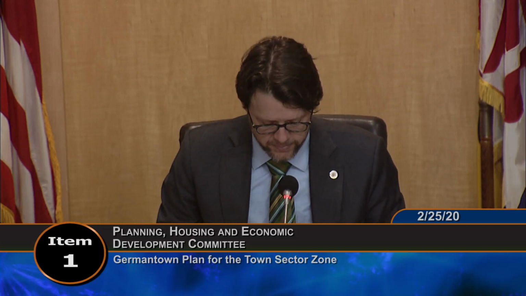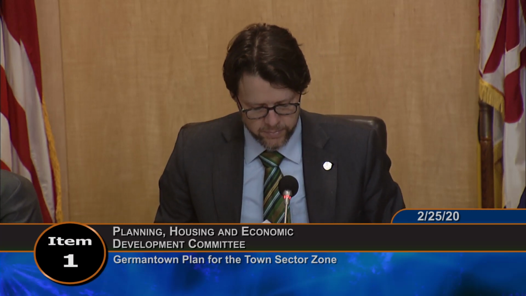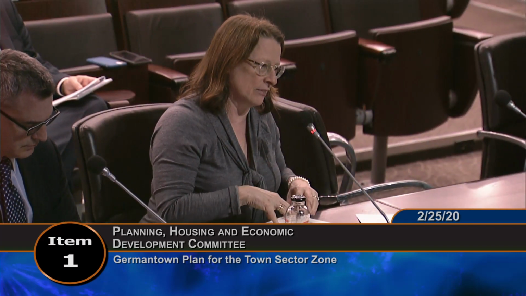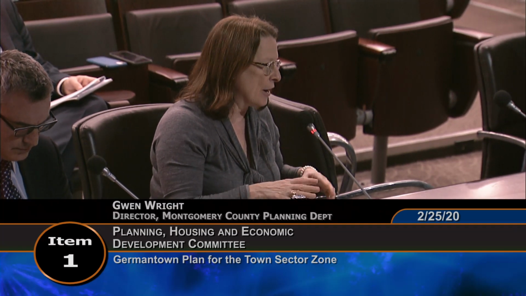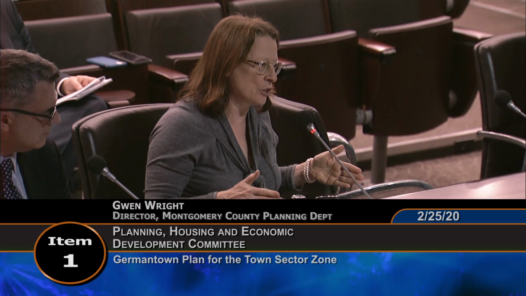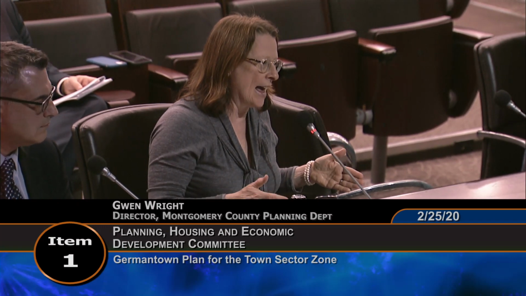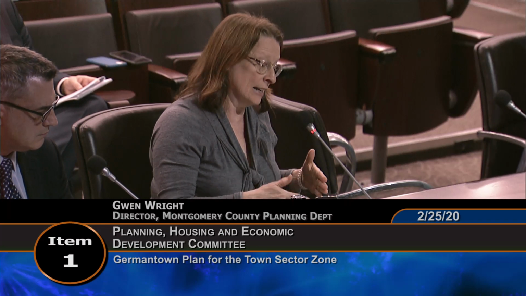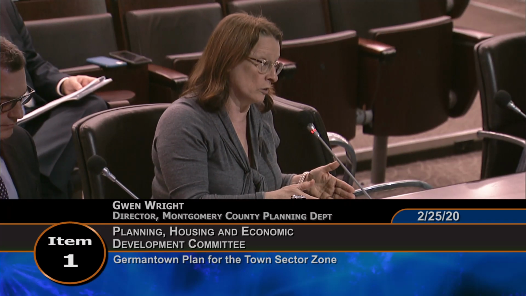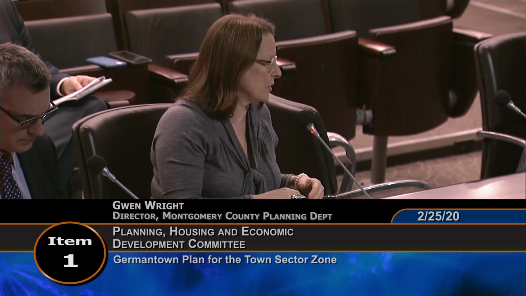If you included the road dedication that all of these projects would have had to do, their lot sizes actually are bigger. And the per unit density is in conformance with the lower zoning classification.